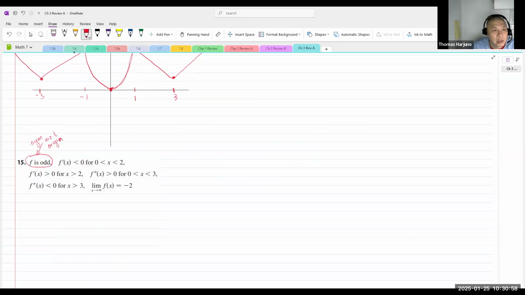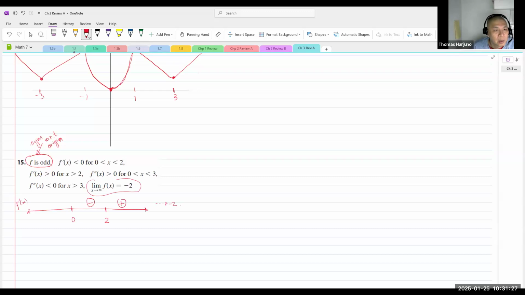Now then, let's take a look at the first derivative. The first derivative sign graph is negative between 0 and 2. It's negative here. And then greater than 2 is positive. It has a right horizontal asymptote at negative 2, so the value later on will be negative 2.